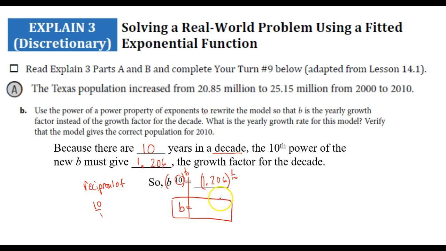So let's go ahead and work that out to figure out what our new b value is using either our graphing calculator or Desmos. Go ahead and work that out. And that would be about 1.0189, or if I make that equivalent to about 1.019.